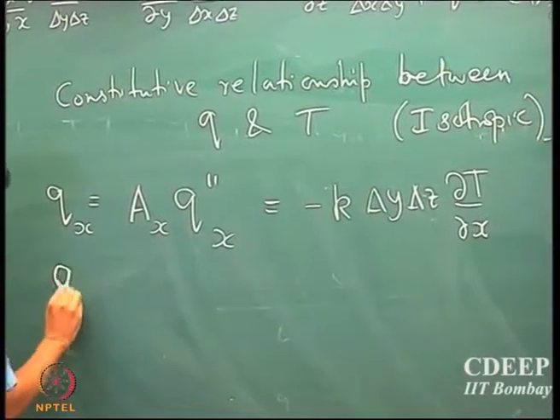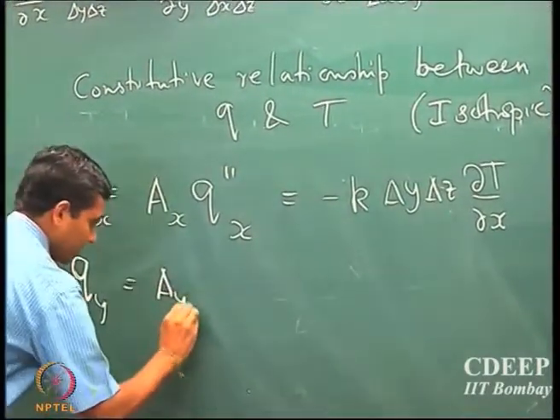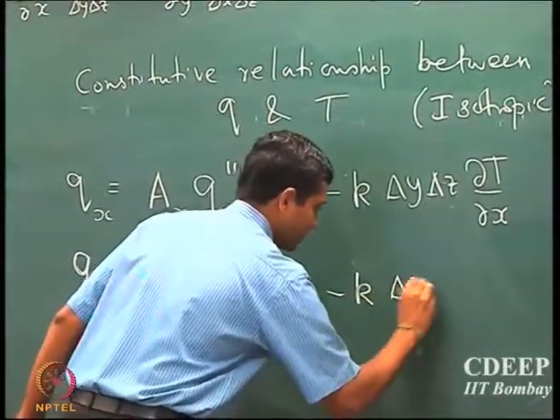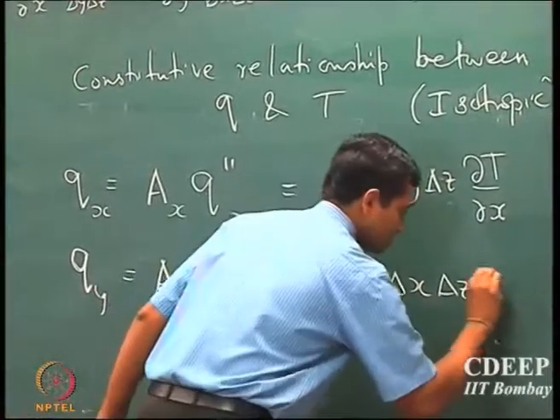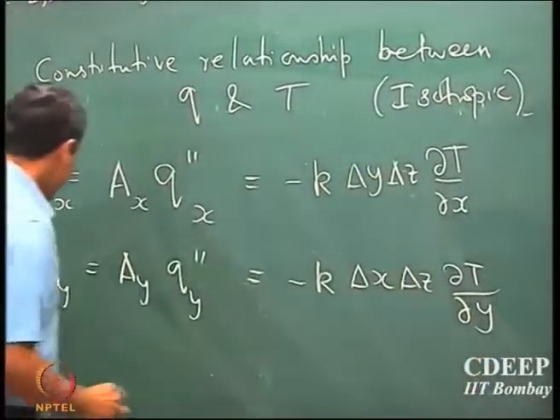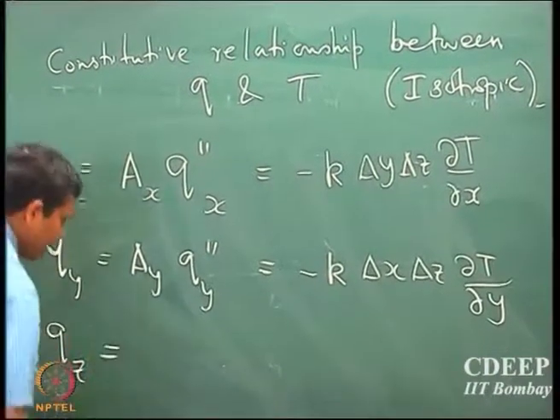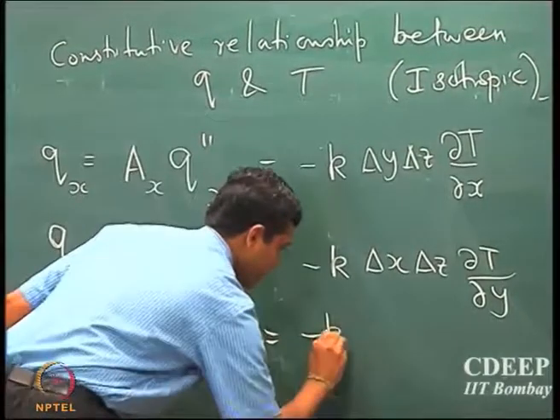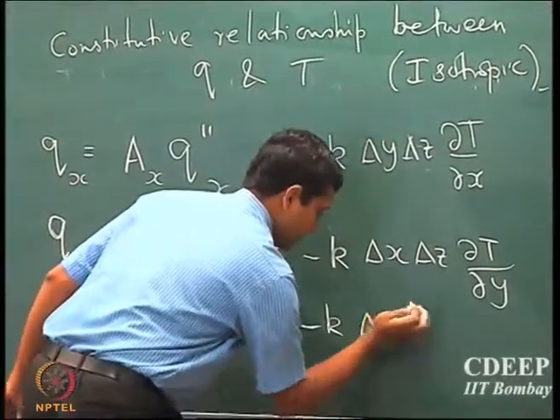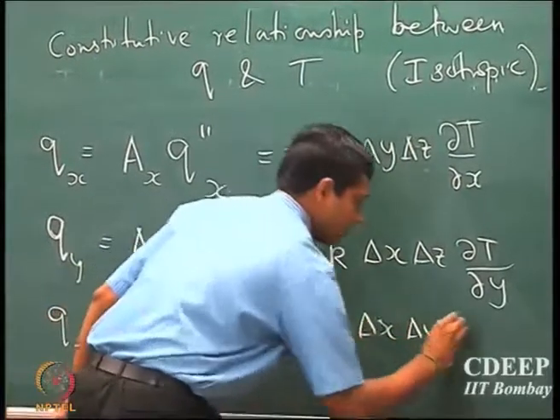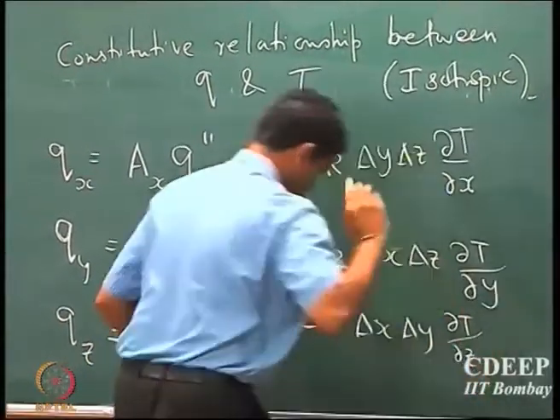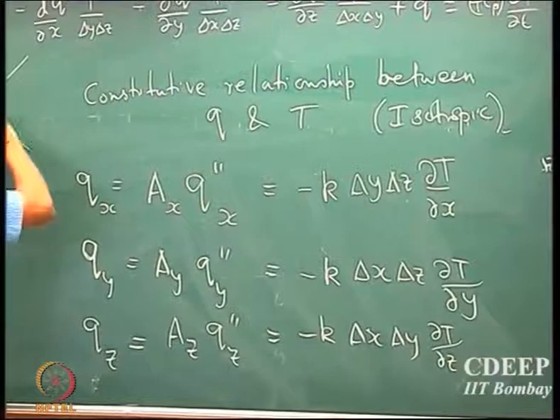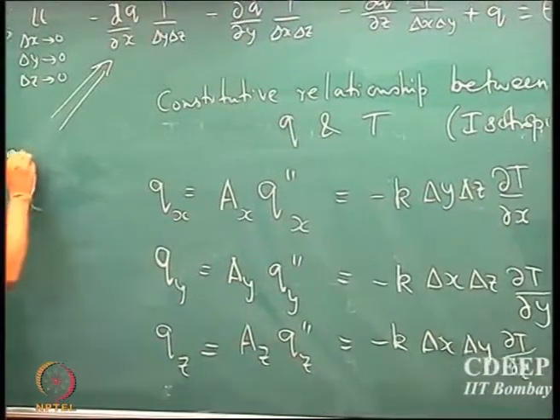Similarly, we can write for y, minus k, and for z. So we can substitute all this into the model equation now. This is what is called the energy balance or model equation.